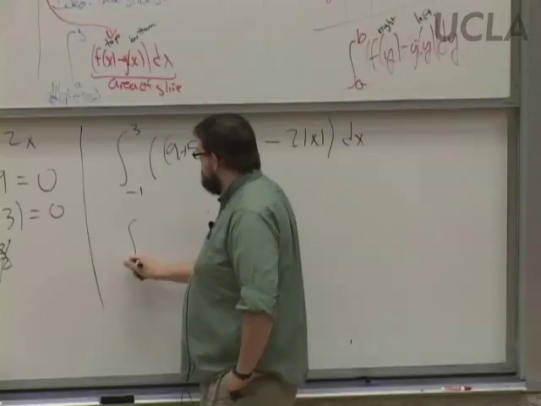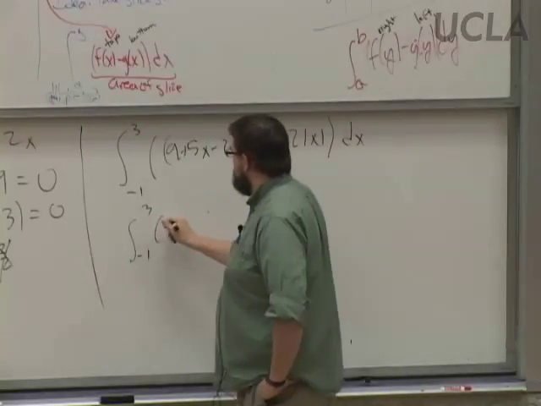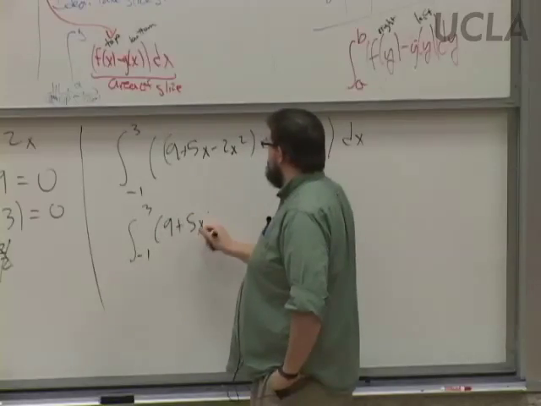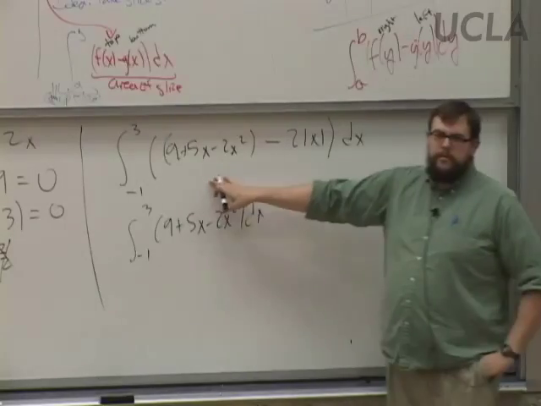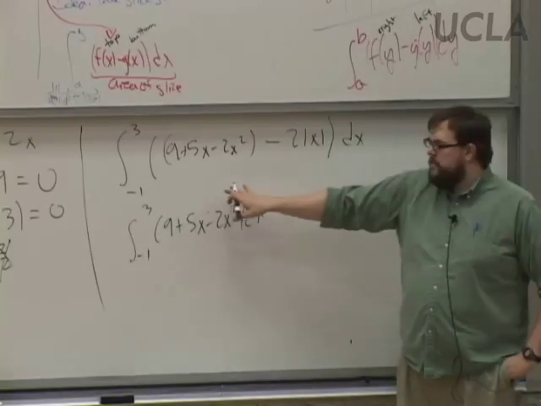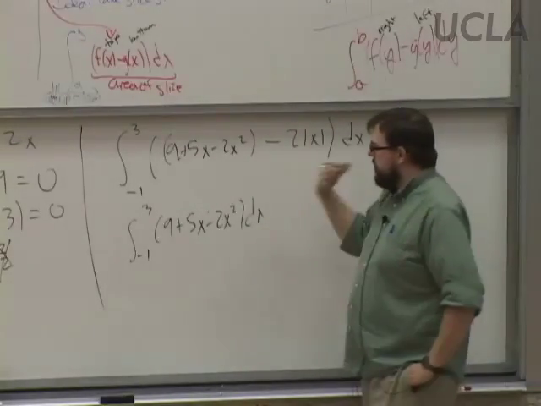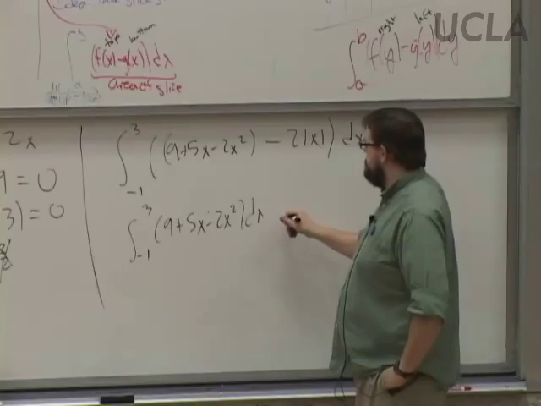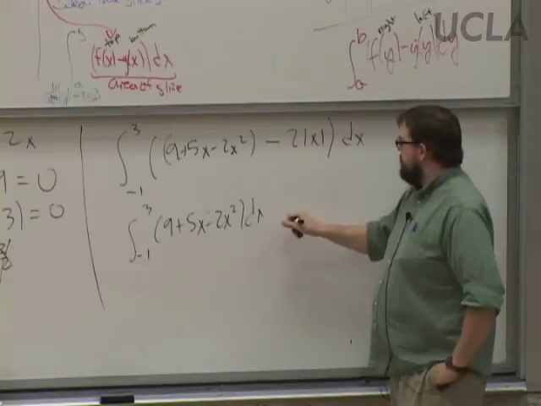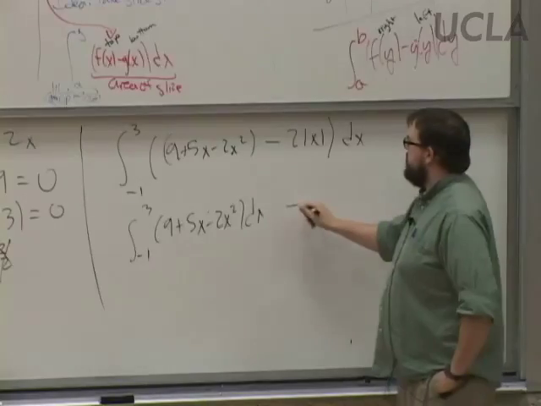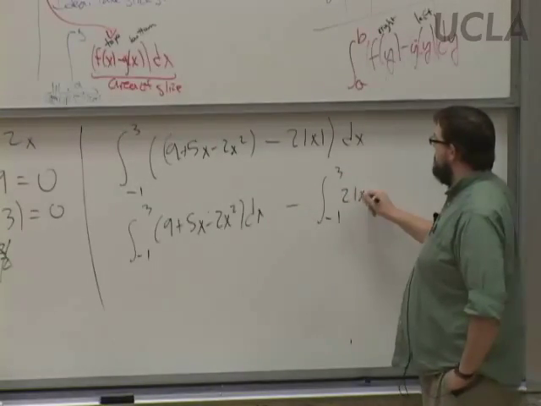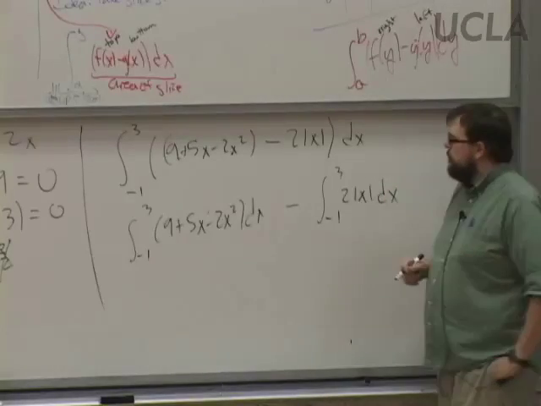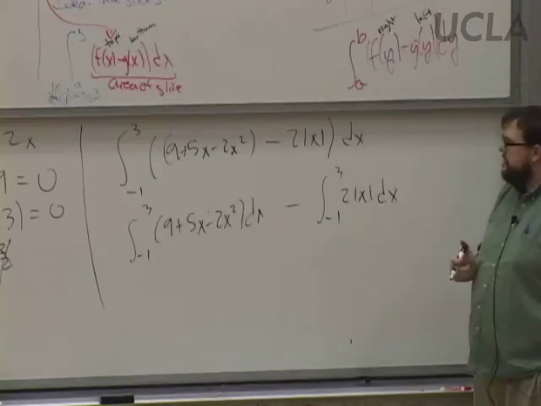Well, I can break this up. So now I know this is what I'm after. Whatever I use to figure out what this is, as long as I get the number, it doesn't really matter what I use to get there, and then I'm fine. OK, so I have this integral minus the integral from negative 1 to 3 of 2 absolute value of x dx. Which integral do you want to tackle first?